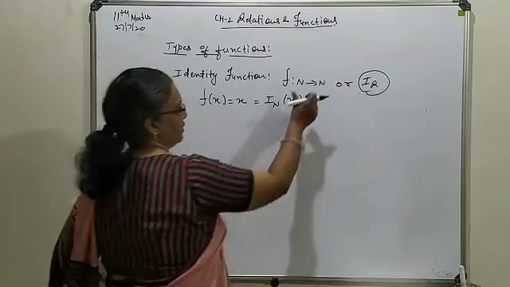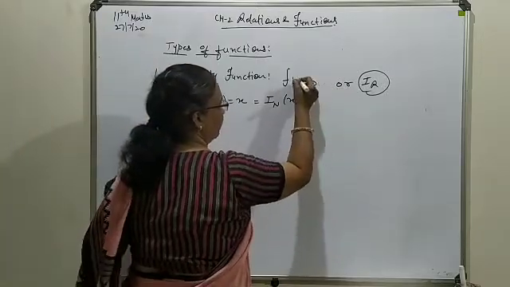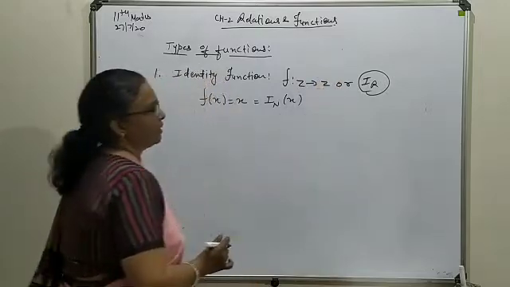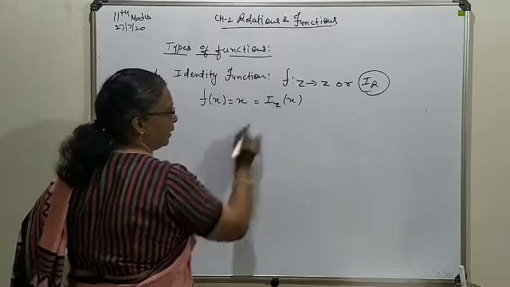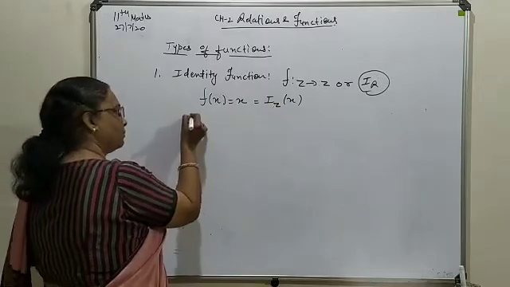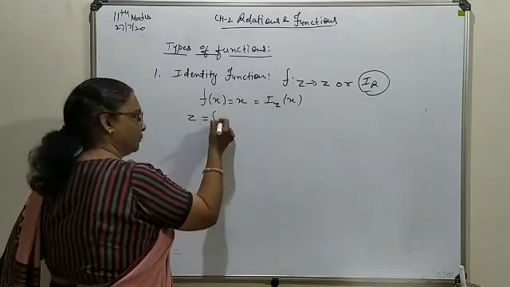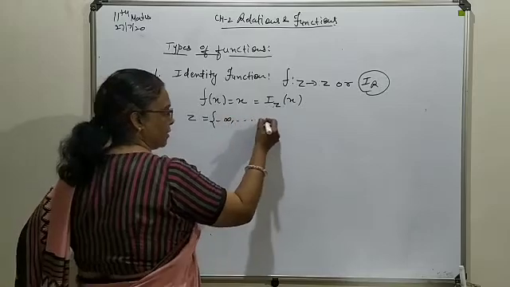Now we define this function from Z to Z, so negative or positive values can be included here. This is also written as I_Z. Now from set Z we will take certain values.